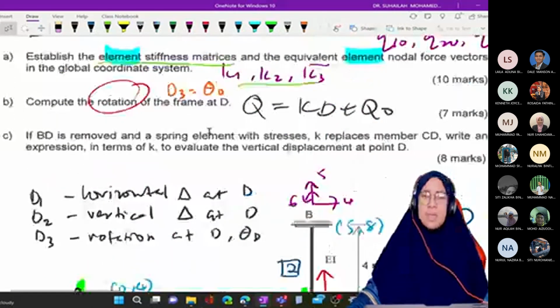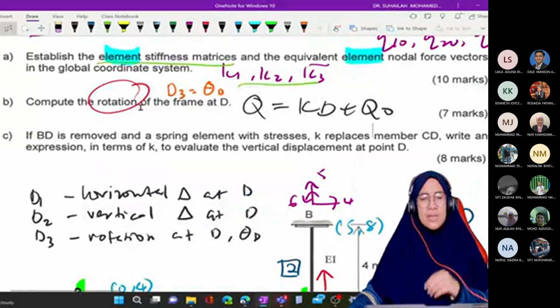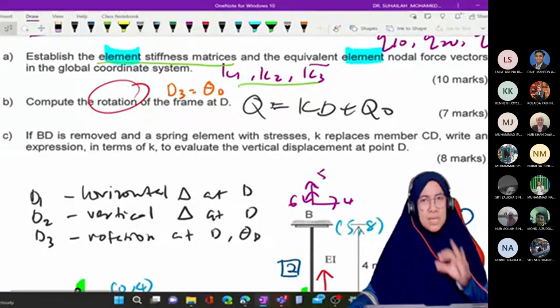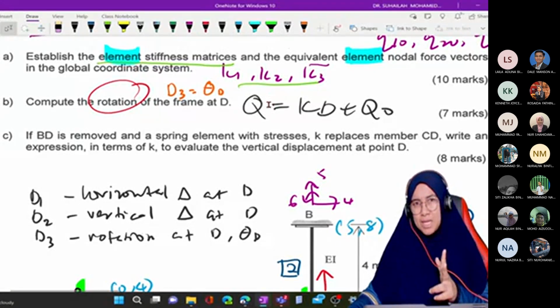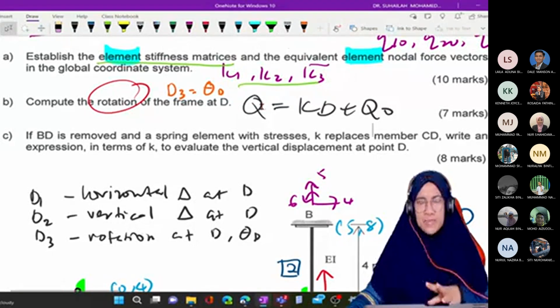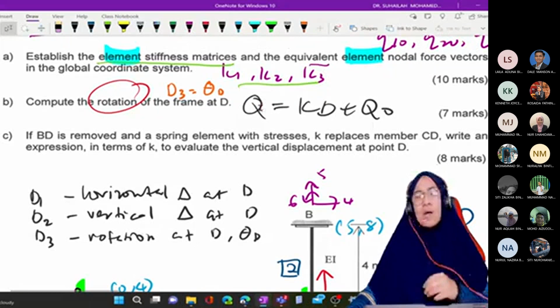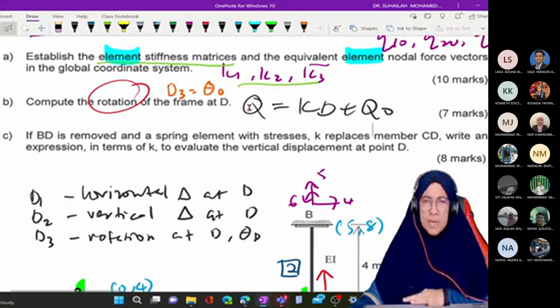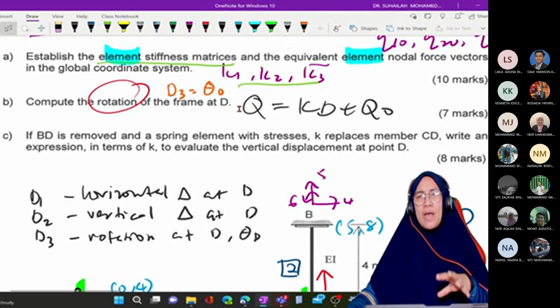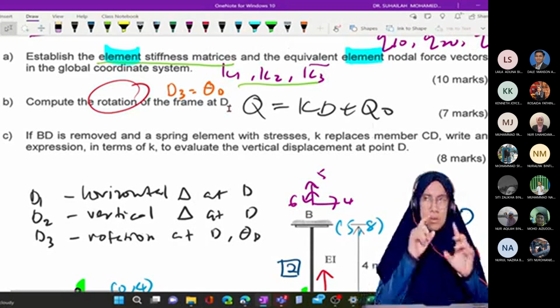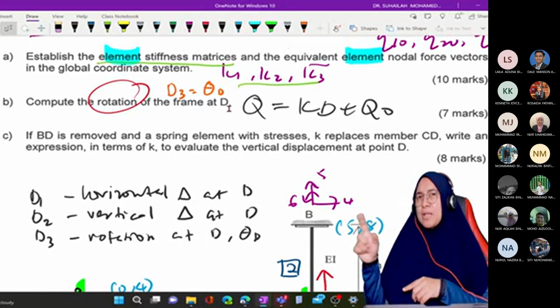So to calculate the three displacements D1, D2, D3 in the unconstrained system, we just need the stiffness equation corresponding to the unconstrained degrees of freedom only. That means a 3 by 3 matrix, not 12 by 12.